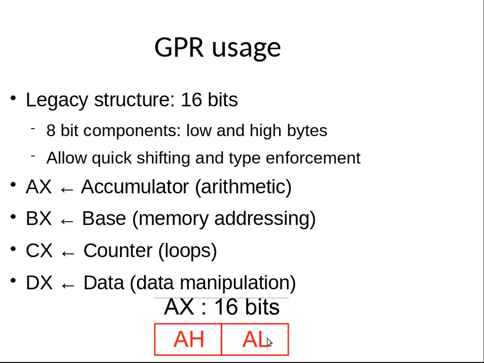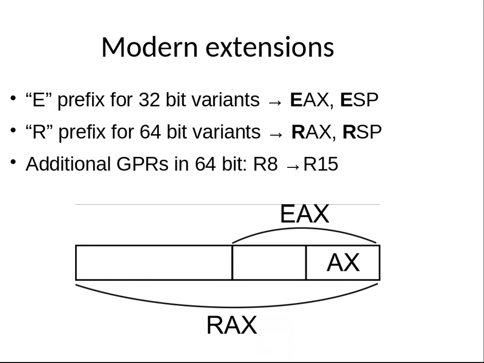Why would you need that? You might. With the modern extension, E is for 32-bit, so you put an E in front of AX, and you now have the 32-bit version, EAX. Same thing with ESP, the extended stack pointer. And the R was chosen for the 64-bit version.